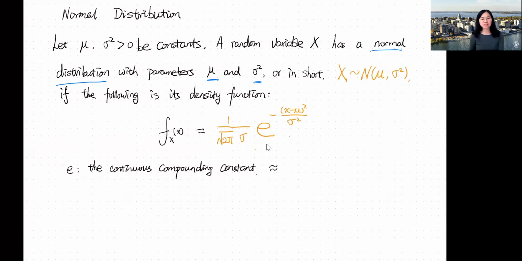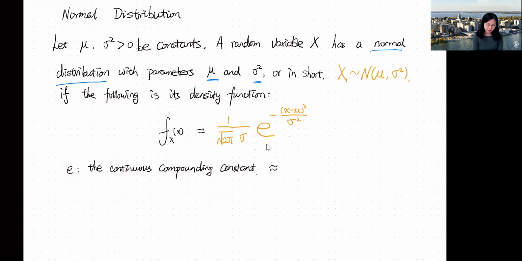So in this density function, there are two mathematical constants. The mathematical constant pi is familiar to everybody. That's the number that's approximately 3.14. Then there is another mathematical constant, e. This mathematical constant we discussed in the video about Poisson distribution a week before.